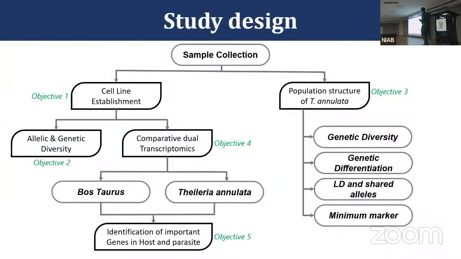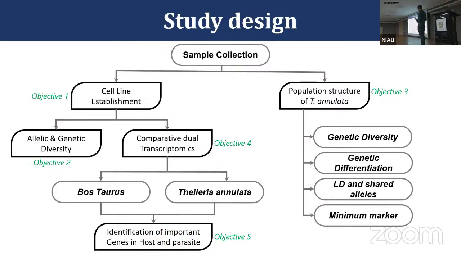is my study design, where I'll be collecting samples from different regions, and then positive samples will be taken forward for cell line establishment, which will be used to do a dual transcriptome to understand the attenuation or virulence factor, and which involves identification of important genes in both host and parasite.